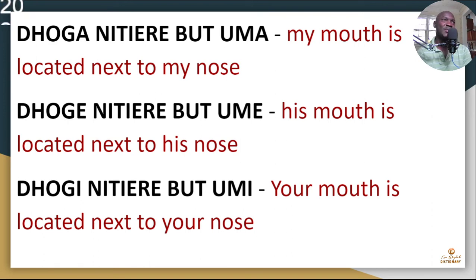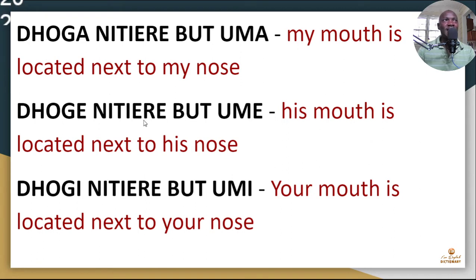I just changed the possessive version of it and said his mouth is located next to his nose. Dhogi nitiere but umi. So your mouth is located next to your nose.